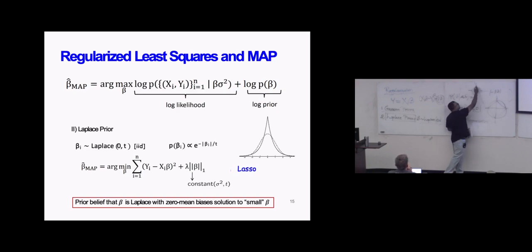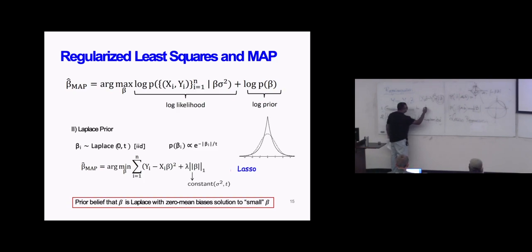Optimal solution. So here you see, if this is beta 1, if this is beta 2, beta 1 is equal to 0 here because of this nature of this function. And that's what happens. So L1 norm essentially looks like this. L2 norm looks like a circle. L3 norm looks like an oval kind of thing.